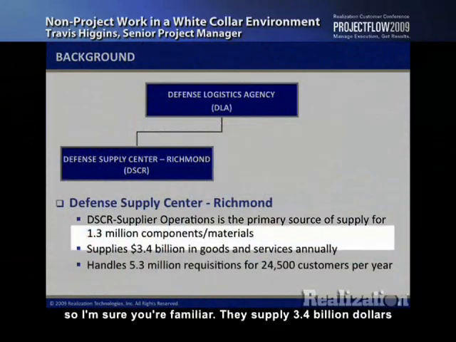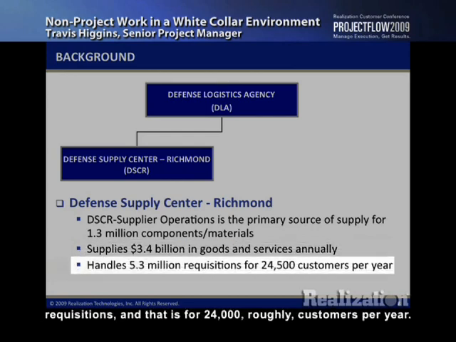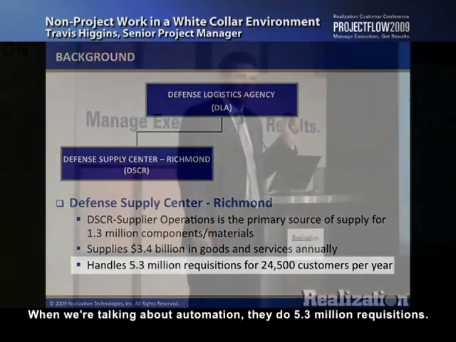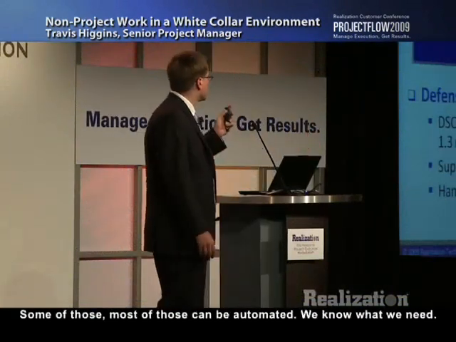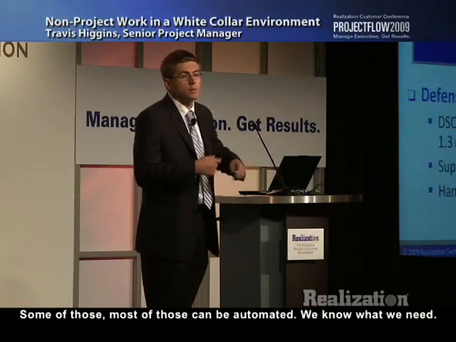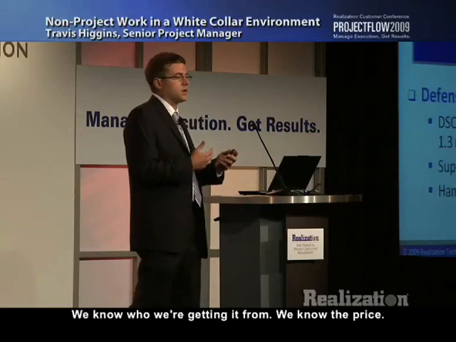They supply $3.4 billion in goods and services annually, and they handle about 5.3 million requisitions for roughly 24,000 customers per year. So when we're talking about automation, they do 5.3 million requisitions. Most of those can be automated. We know what we need, we know who we're getting it from, we know the price.